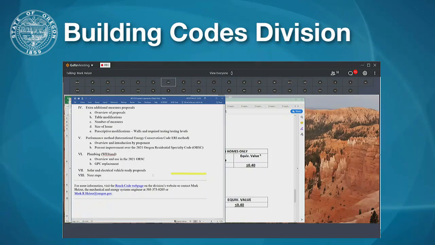The division is going to try and summarize these and maybe reach out one more time. There's another meeting with the Oregon Department of Energy tomorrow where this will be discussed.